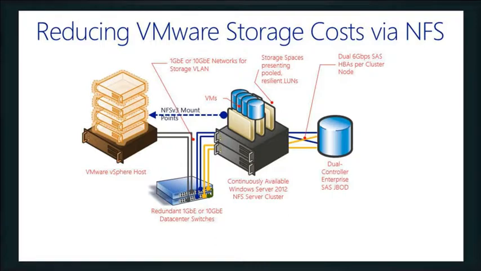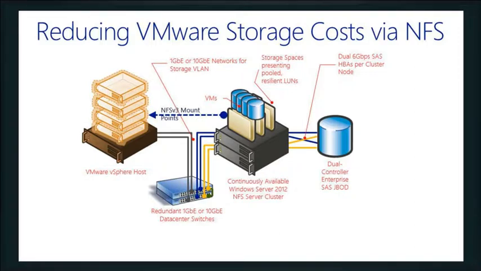This is a really quick way of eliminating a slow SAN that you've bought in the past, or if you don't have enough storage space or I/O capability left on your current SAN.